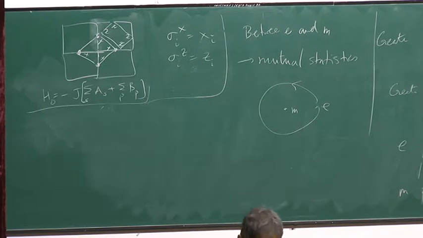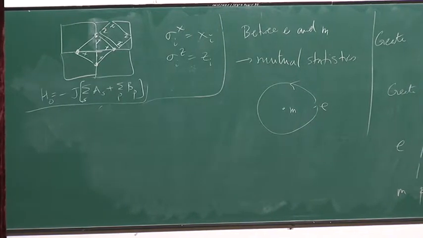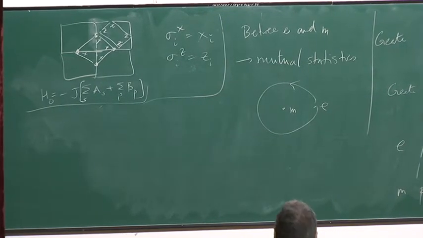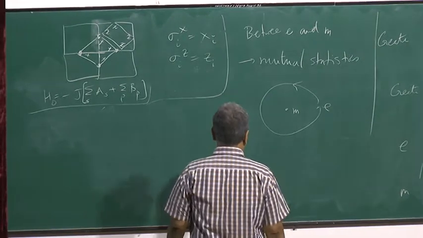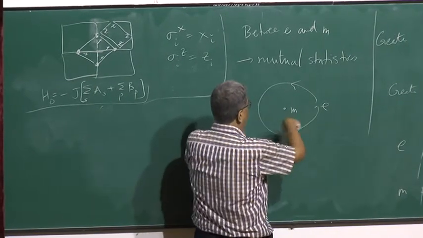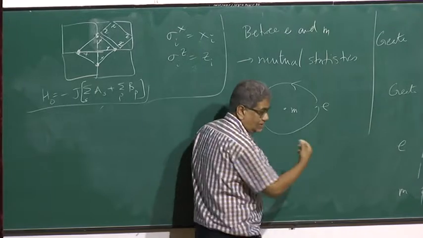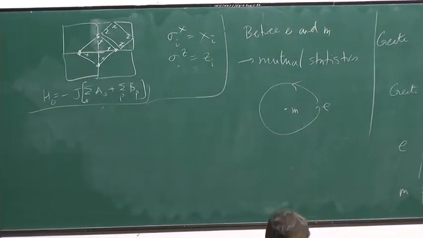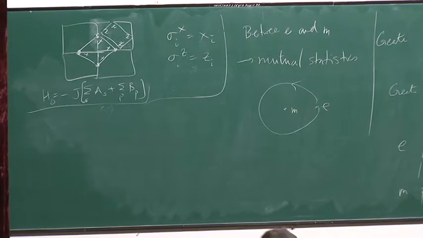This is a two-dimensional problem, right. So it makes sense to say clockwise or anti-clockwise. That is a fixed notion. In 3 dimensions, it does not make sense to say a closed curve is clockwise or anti-clockwise. So you take E all around M. When you come back, it is the same state as before. So you can ask whether the wave function of the state remains the same or if it has changed.